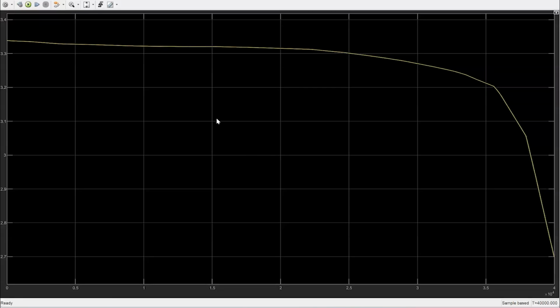You can see here, as I had explained before, this has been configured for LFP. LFP is a type of chemistry known as lithium iron phosphate. This is a type of lithium ion cell, and you can make that out by the flat voltage curve that you can see here.